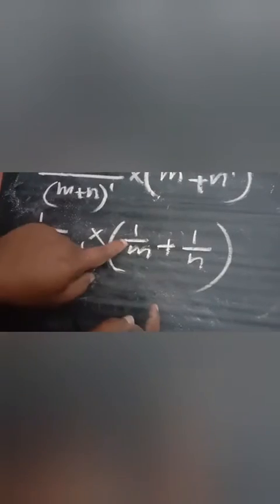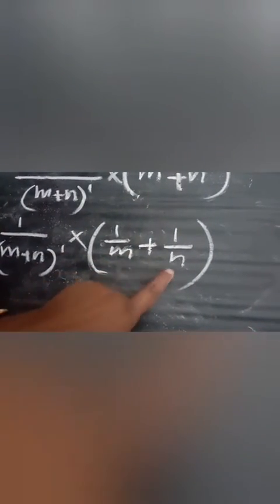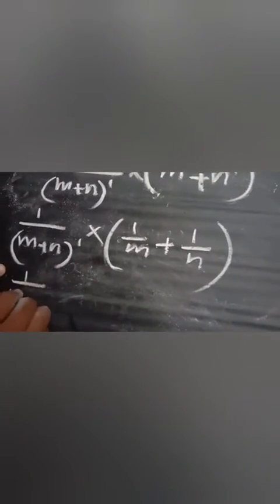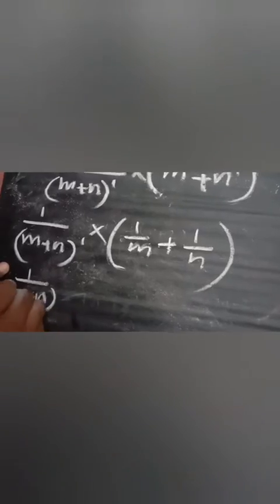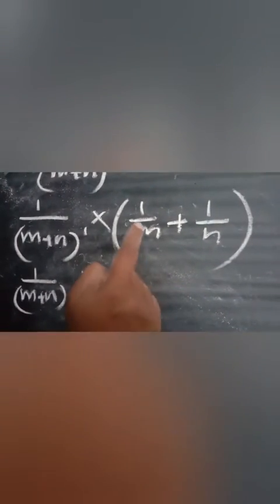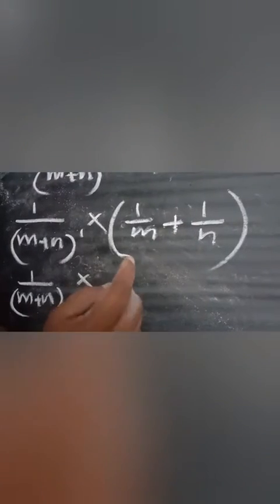Now the denominators are different, m and n, so we want to find the LCM.